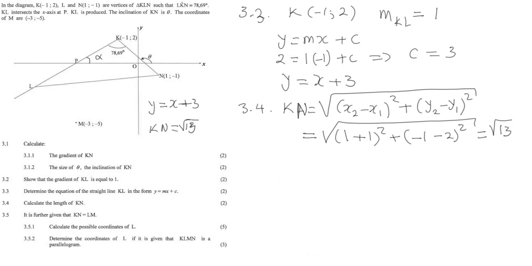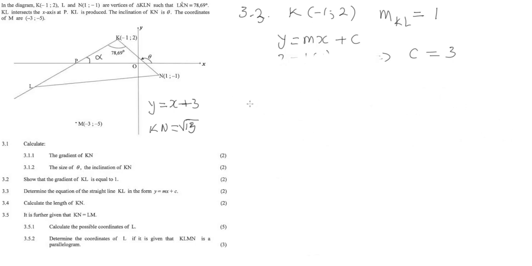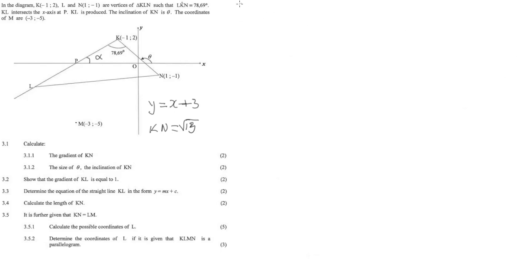We're going to use it in question 3.5. Now, question 3.5 says: if it is further given that KN is equal to LM, meaning that the distance KN is equal to the distance LM.